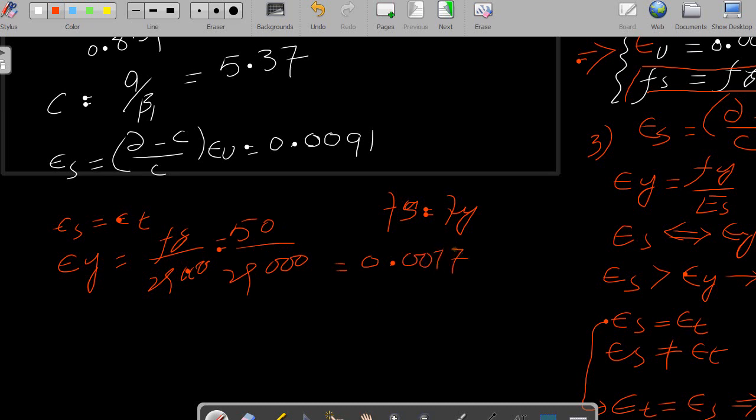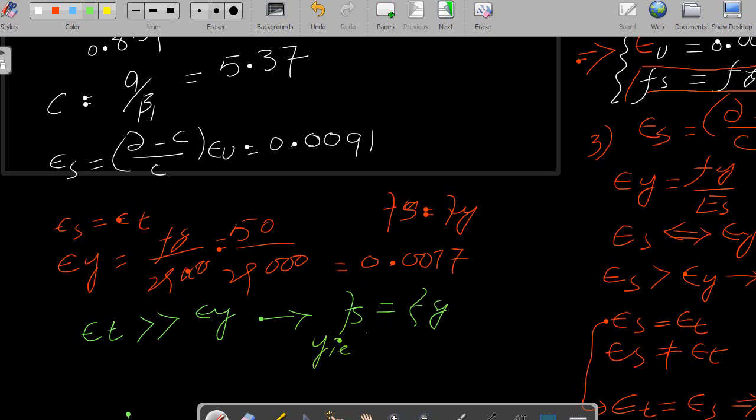Interestingly, the value of epsilon t is far greater than epsilon y, 0.0017. This means our assumption that fs equals fy is okay, and the steel is yielding, right?